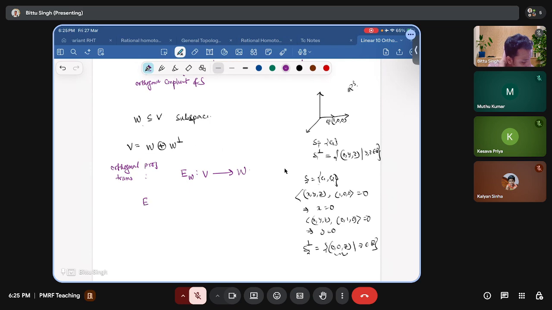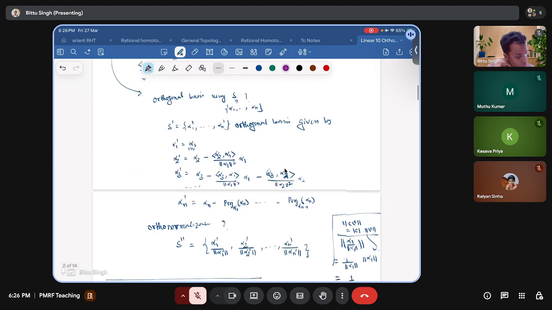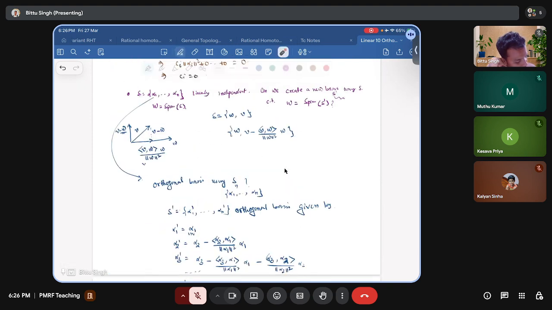Suppose this W is spanned by some alpha 1 up to alpha n, a basis for W. Then define E_W phi as the projection, as seen earlier.